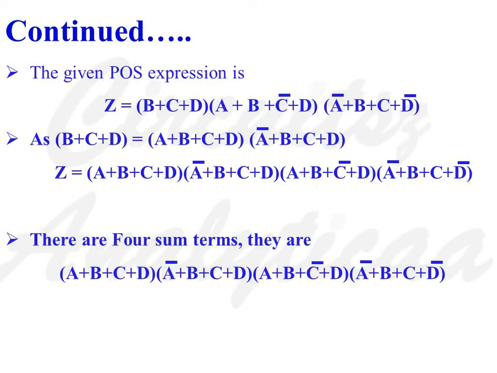So there are four sum terms. The sum terms are A plus B plus C plus D, A bar plus B plus C plus D, A plus B plus C bar plus D, and A bar plus B plus C plus D bar.